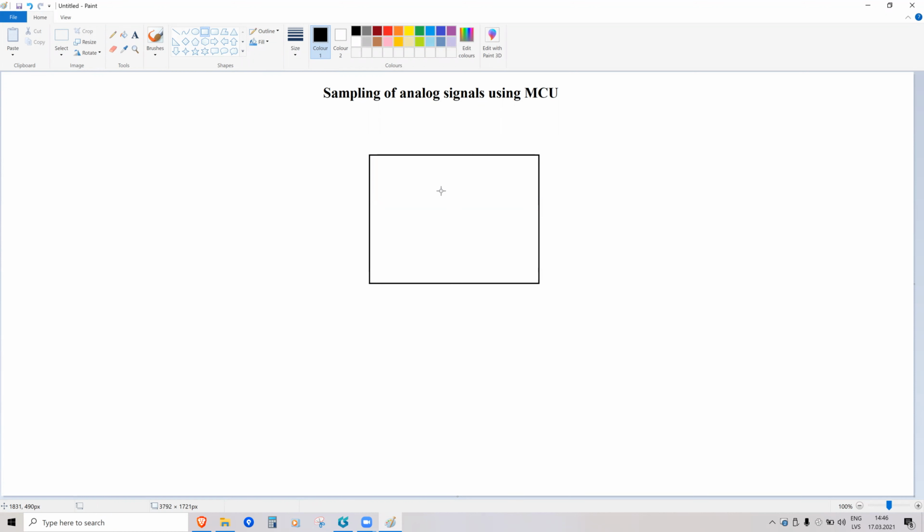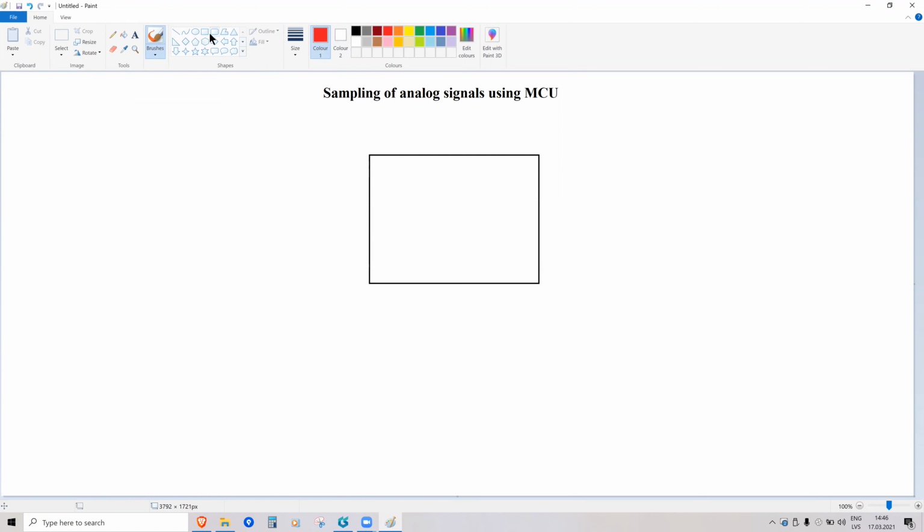Maybe it's for some evaporation or something like that. But you sample temperature and you want to heat something and keep it at constant temperature. So it will look like this. You will have some heater.